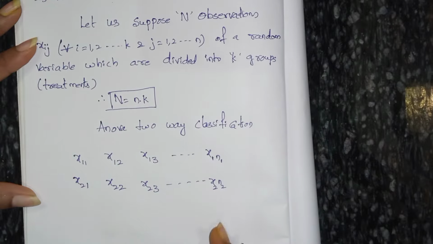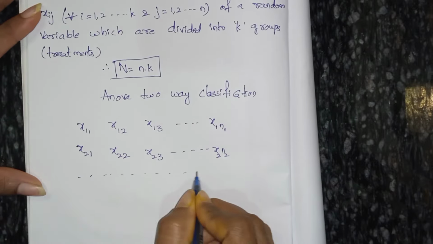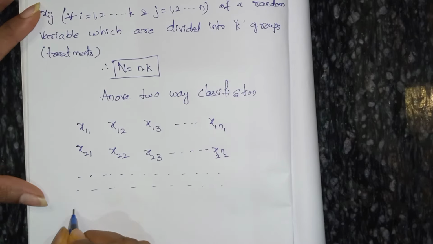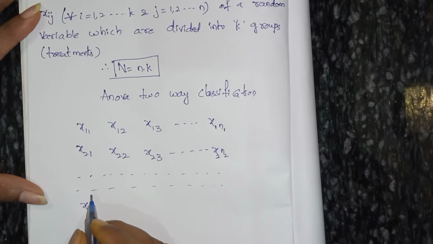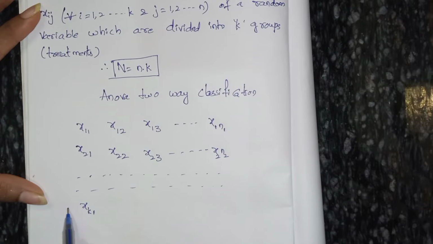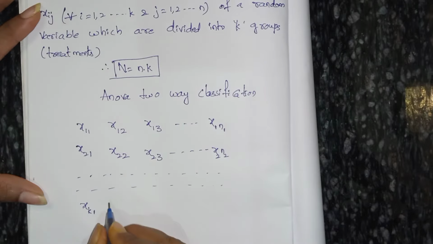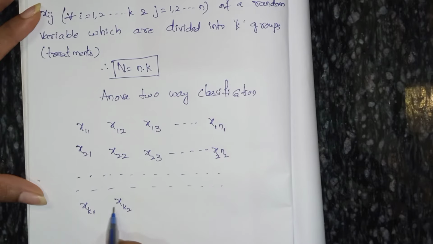Like that we can address the cell names. At last we can write xk1, that means k-th row, first column. Next xk2, k-th row, second column.